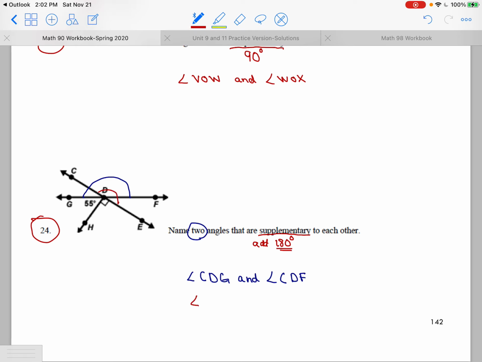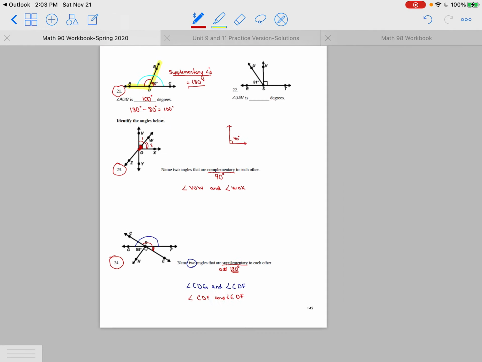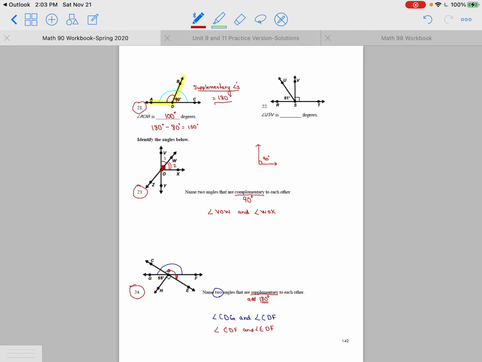So angle CDF, and okay, so we're looking at that one, and then this little one down here, which would be FDE, or let's do EDF, angle EDF. There's two of them, but like I showed before, you guys, there's a lot, so you guys can decide which one you want to list there.